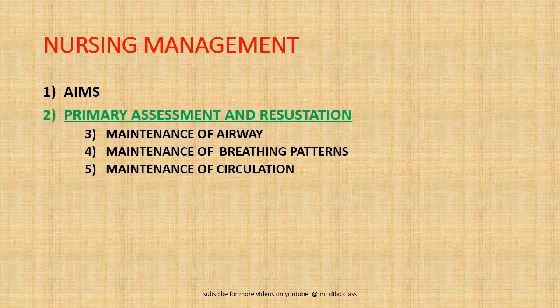Then you move to maintenance of circulation. Here you are going to say, I will check for any signs of hypovolemic shock or any signs of circulatory failure for necessary interventions, e.g. zero or low BP or increased pulse, to simply prevent hypovolemic shock.